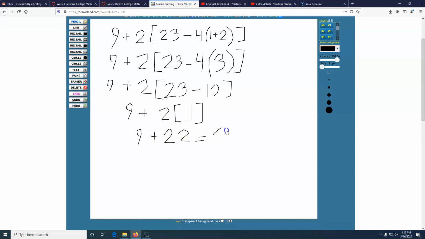So we add those together, and we end up with 31. So you're going to have to fight hard against your nature because most people just want to do the easy stuff. They see the adding, they immediately jump to that, even though that is probably the worst mistake you can make because it would change the result quite a bit. So make sure you follow PEMDAS to a T.